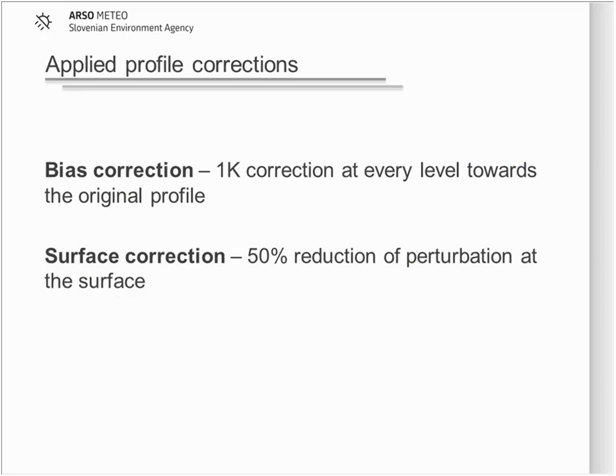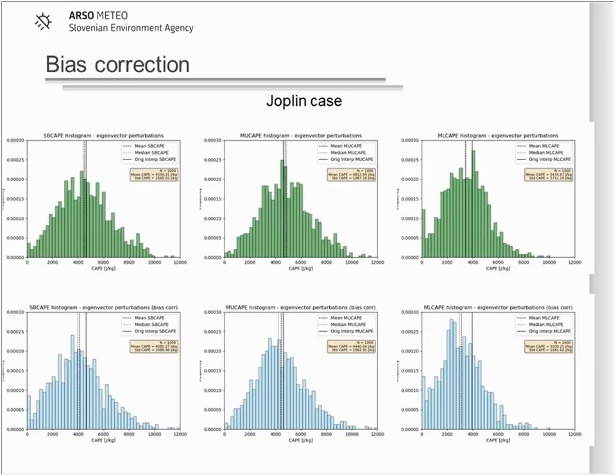We tried to simulate these two corrections in our study. We applied a 1 Kelvin correction at every level in one case, and in the other case we took the perturbed profile and reduced the lowermost level by 50%. We wanted to see what happens if we apply these corrections.